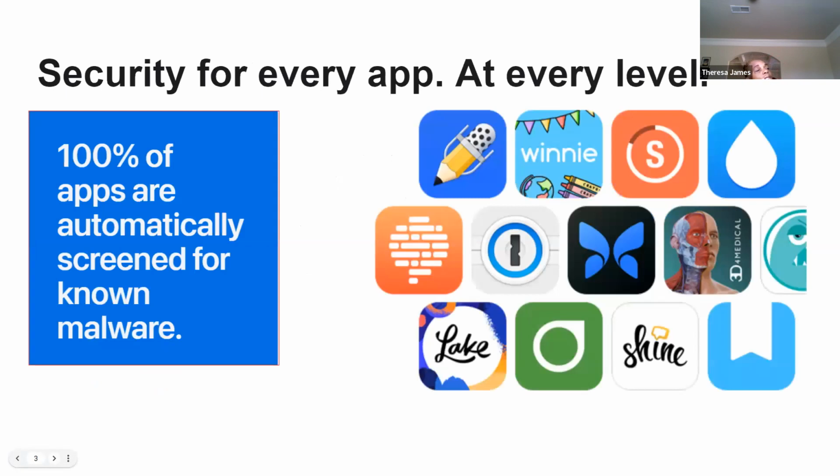All right, so to give you a level of confidence, they are saying they're providing security for every app at every level. 100% of apps are automatically screened for known malware. So what is malware?